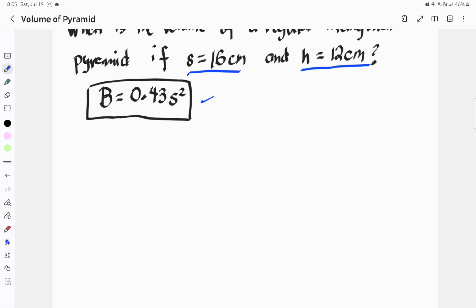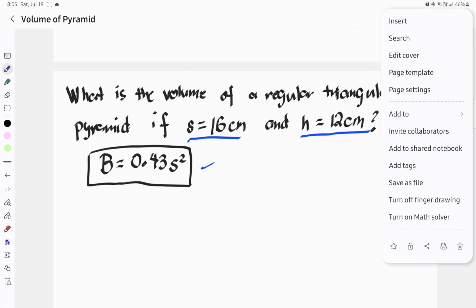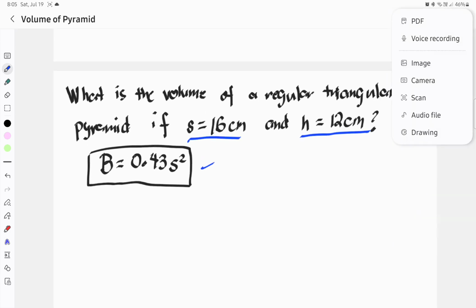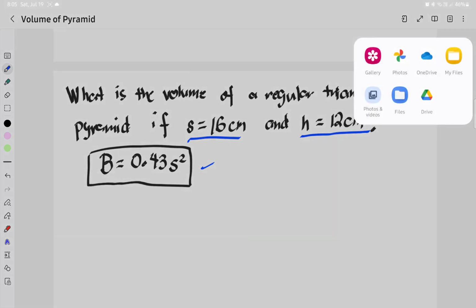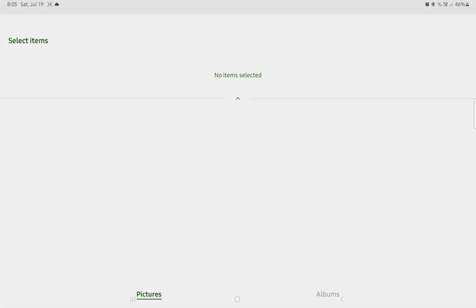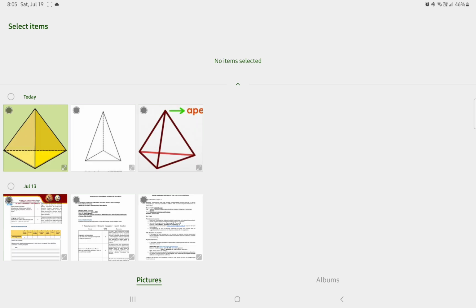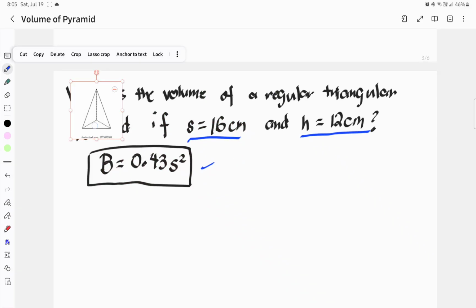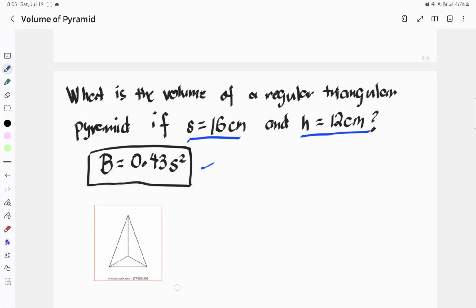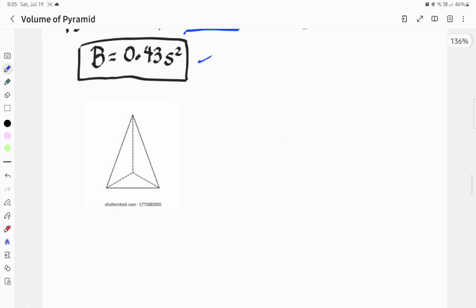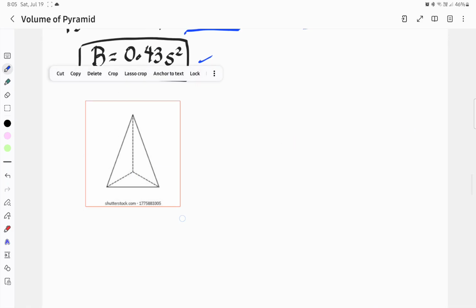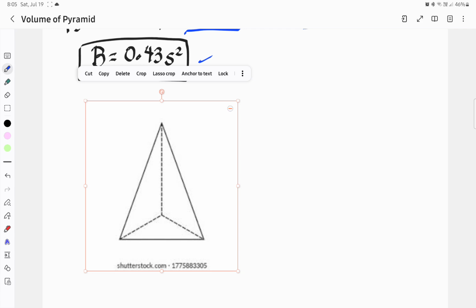Let me just insert an image so it's much easier for us to visualize.